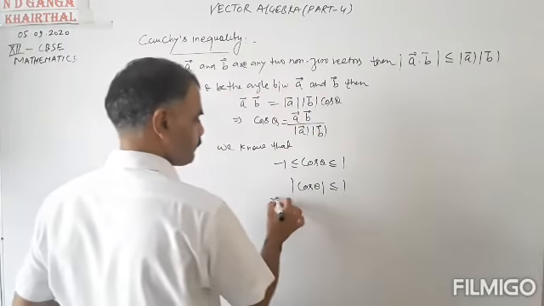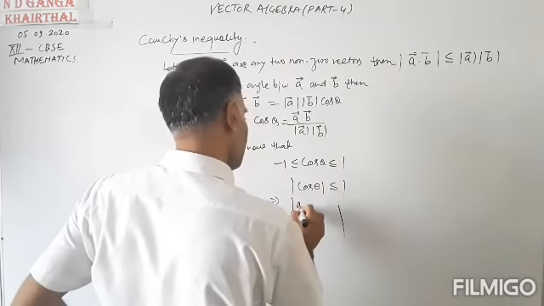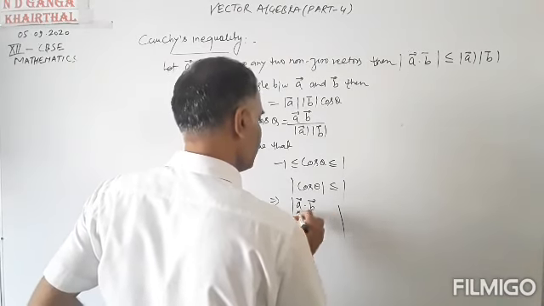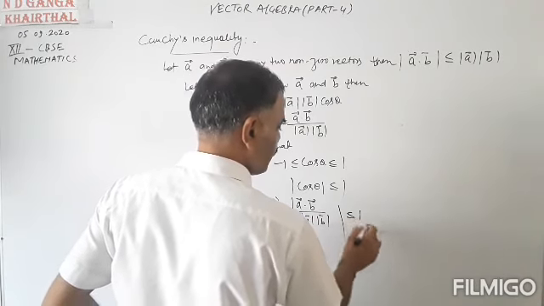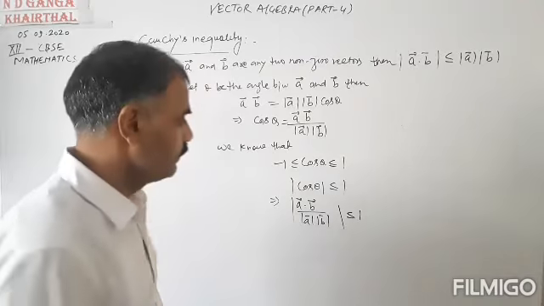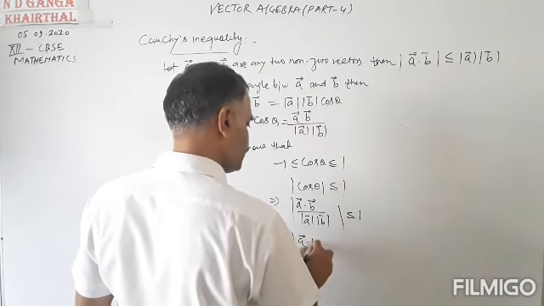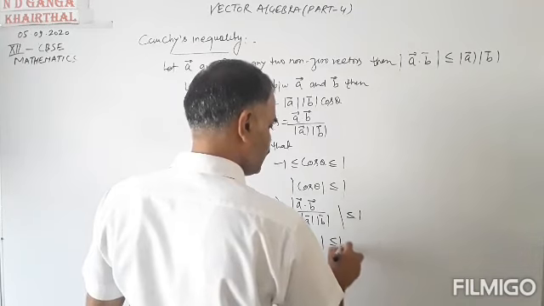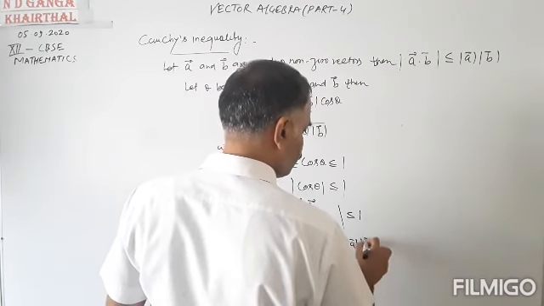So modulus cos theta, where cos theta equals A vector dot B vector divided by modulus of A vector times modulus of B vector, is less than or equal to 1. Now cross multiplying this we have A vector dot B vector is less than or equal to magnitude of A vector times magnitude of B vector.